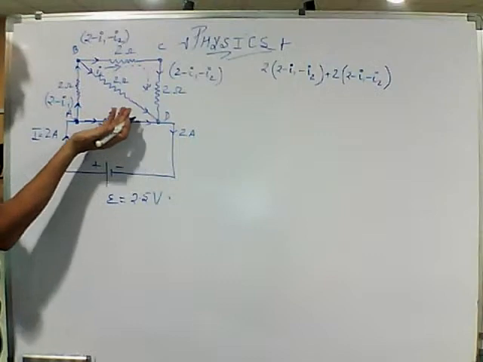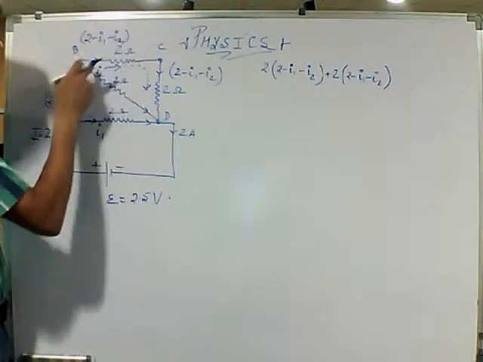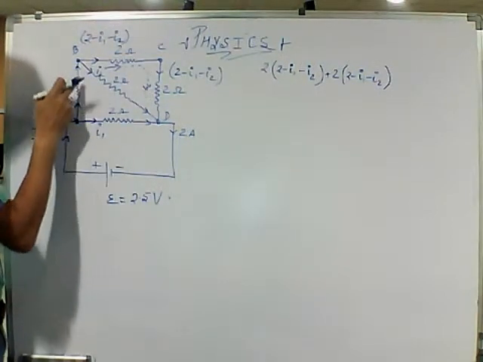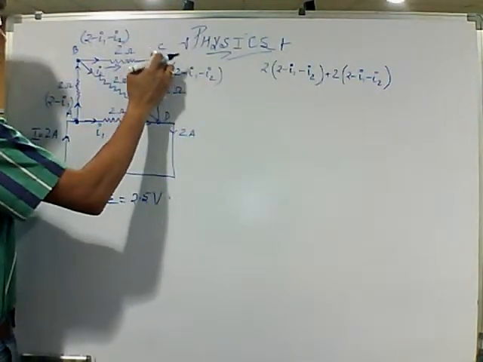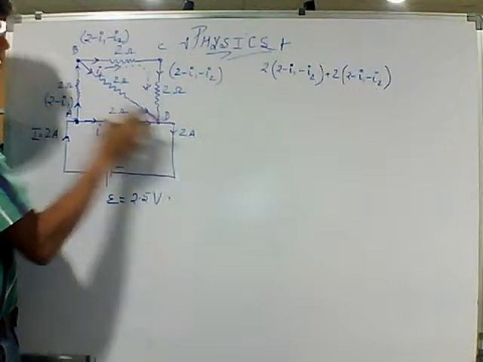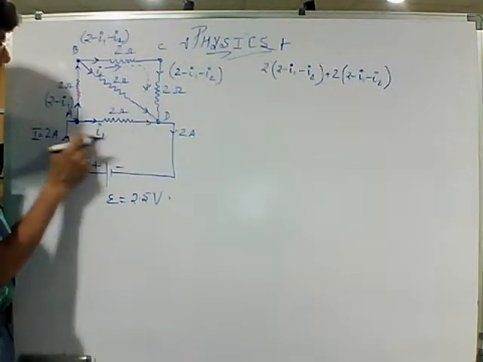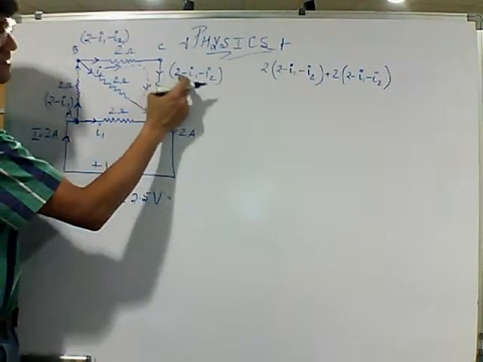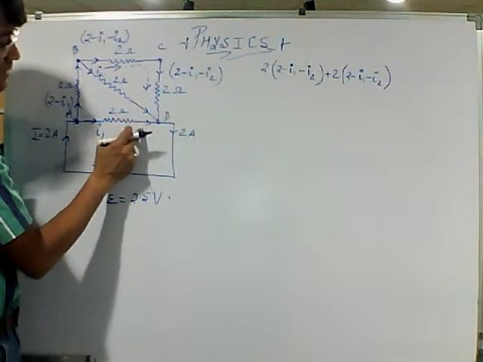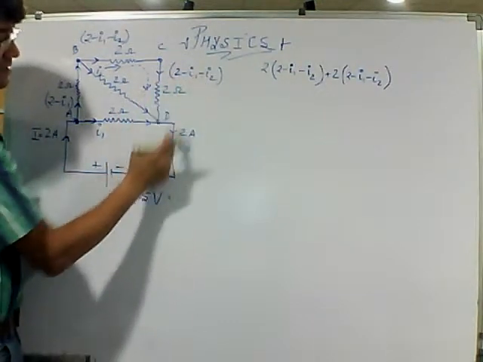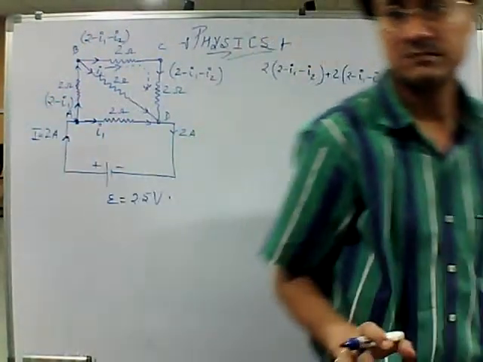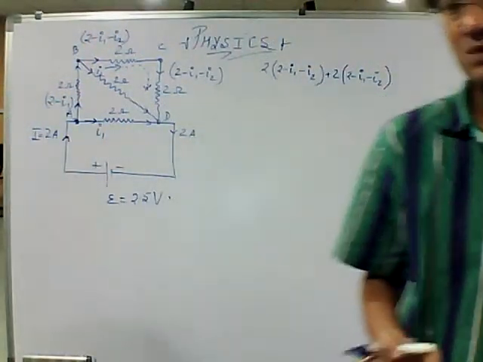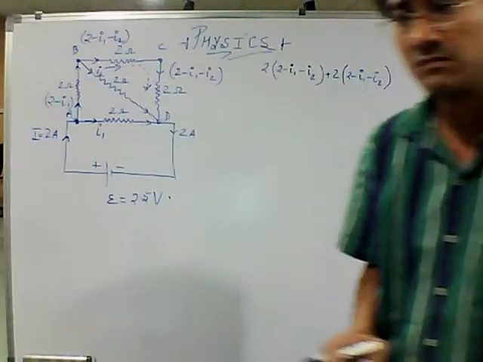So what will be the leftover current? 2 minus I1 minus I2. 2 minus I1 minus I2 comes here. Same current. I2 comes over here and I1 comes from here. So 2 minus I1 minus I2 plus I2 plus I1. So I1 and I2 get removed and we are left with 2 ampere. Is it clear now? Priyanshu, is it clear beta now?